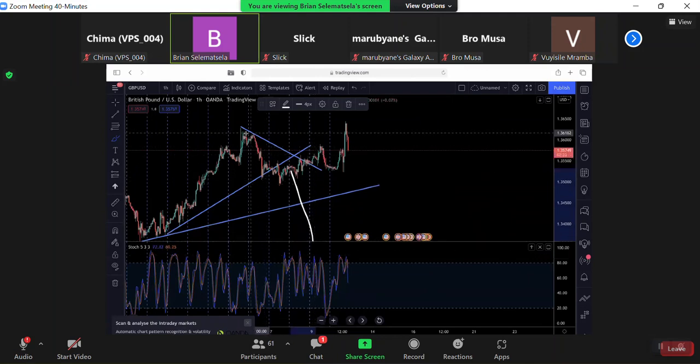Now, the fact that it even broke the footprint line of the opposite direction and even made a very steep divergence definitely means something.